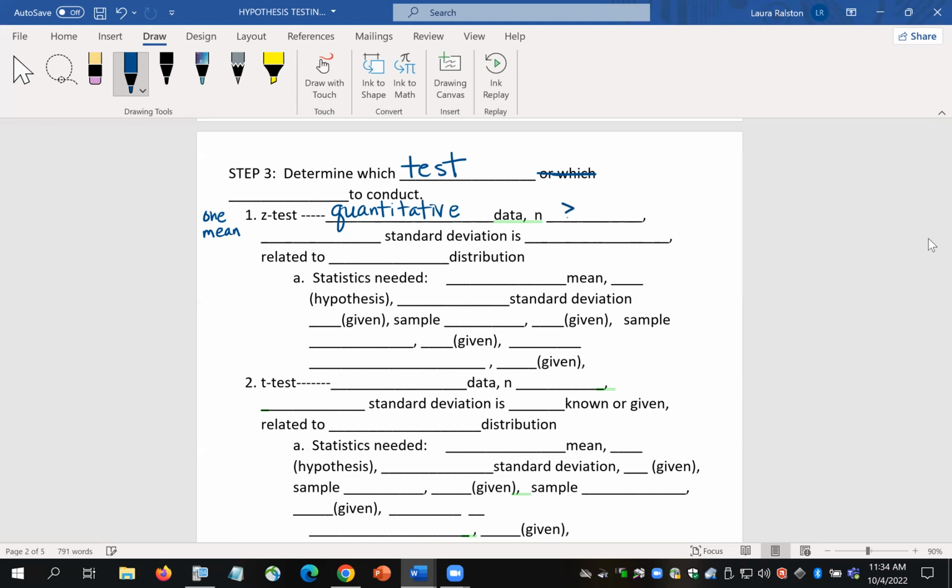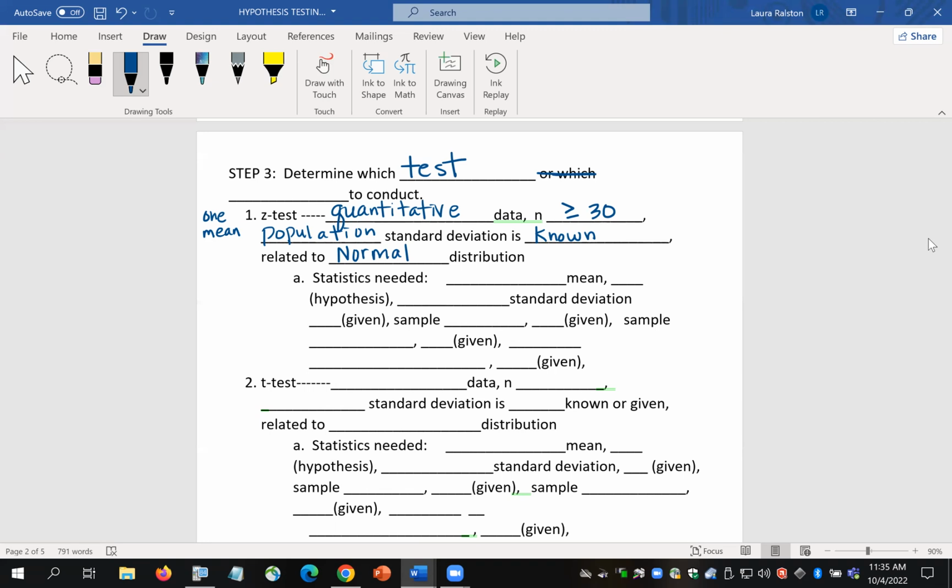N, which is our sample size, is greater than or equal to 30, so that you have a large sample. The population standard deviation is known, and the one mean Z test is related or connected to the normal distribution that we've been talking about.